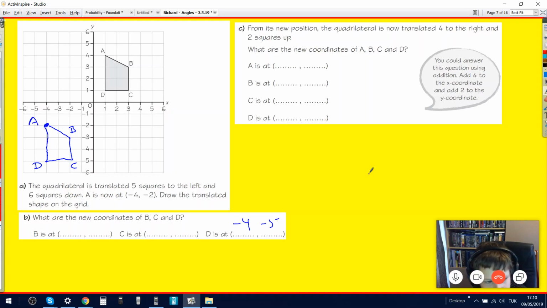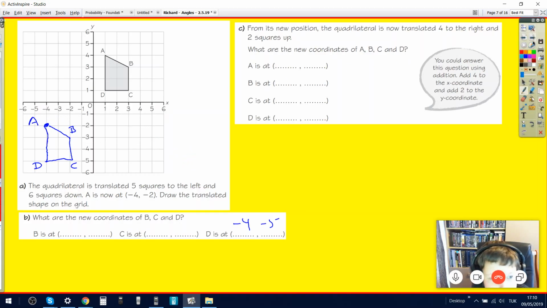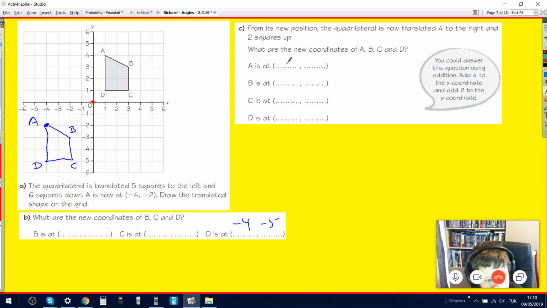So for the new position, we can move A 4 spaces to the right and 2 squares up. Mhm. So let's say A. So I would just count 1, 2, 3, 4, 1, 2. Yeah. Oh, so coordinates of A? It would be 0, 0.